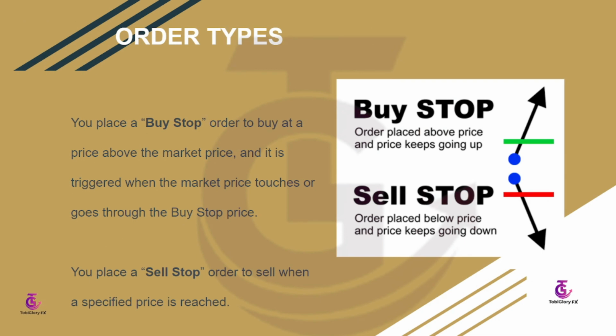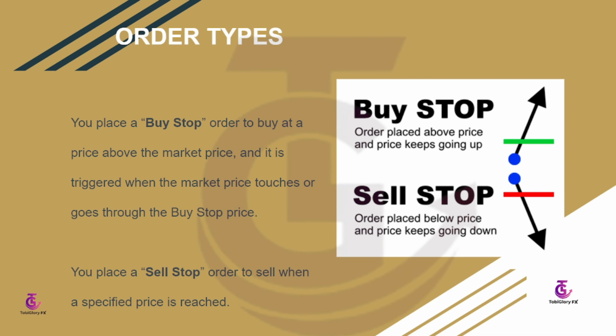Now let me talk about buy stop and sell stop. A buy stop order is an order to buy at a price above the market price, and it is triggered when the market touches or goes through the buy stop price.